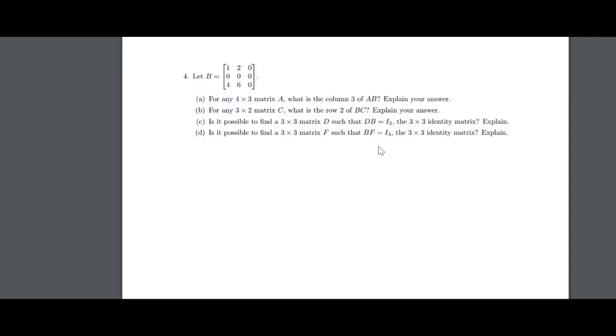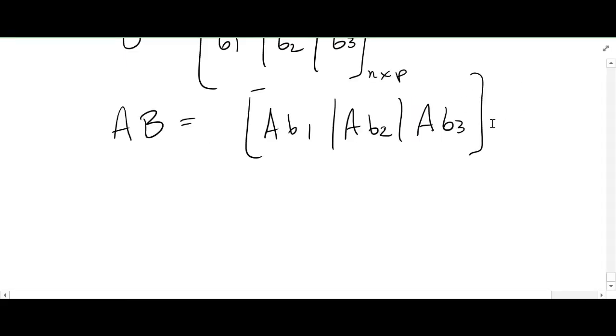DB equals identity. So parts C and D are basically asking about left and right inverses of a matrix. For a square matrix A, if you can find a matrix D so that D times A is the identity matrix, then this implies that A is invertible.